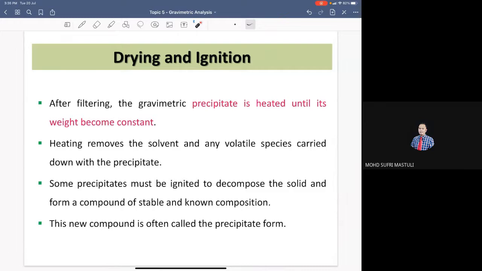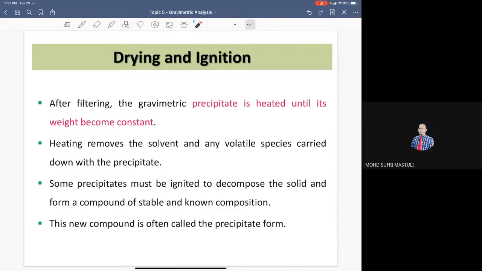After washing, of course, we have to dry to get a dry sample, and then we have to ignite the dried precipitate in order to convert it into a stable composition. After filtering, the gravimetric precipitate is heated until the weight becomes constant.